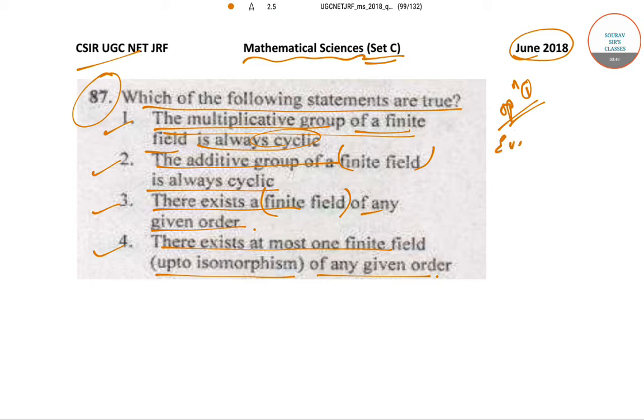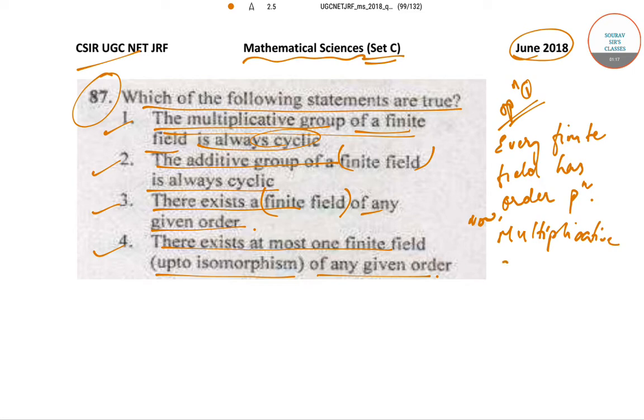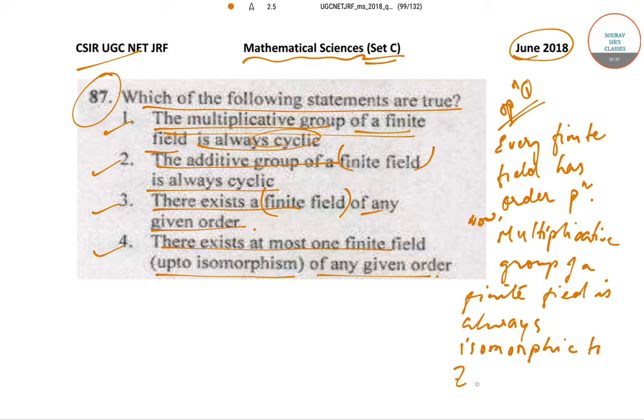Now we know that every finite field has order p to the power n, and we know that the multiplicative group of a finite field is always isomorphic to Z_{p^n - 1}, and we know that Z_{p^n - 1} is always cyclic.